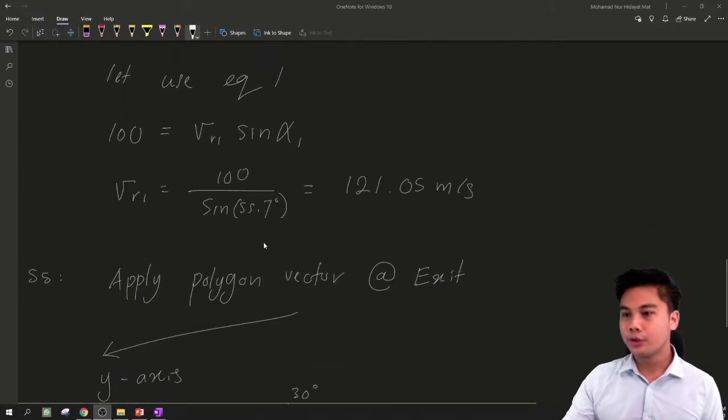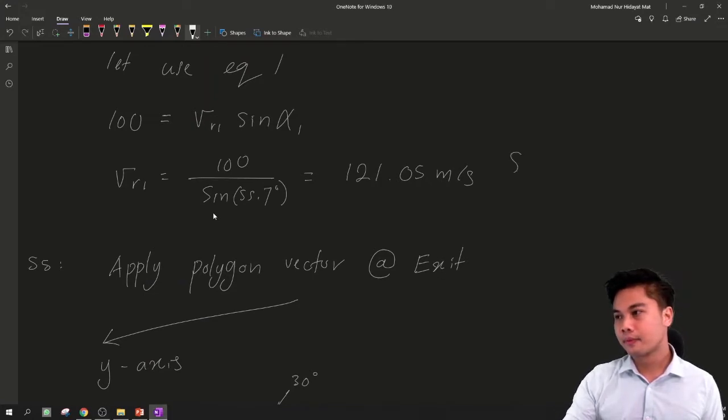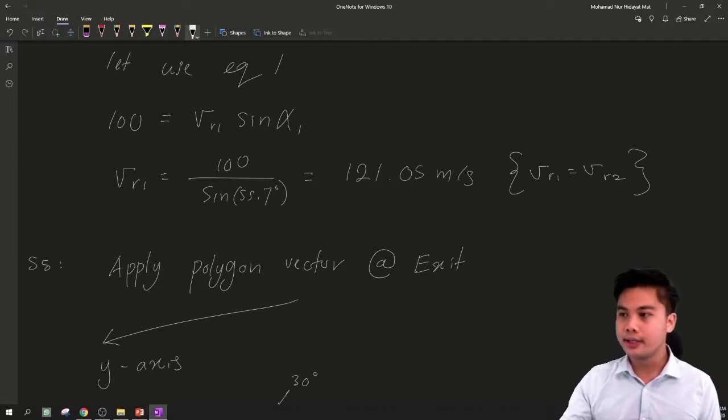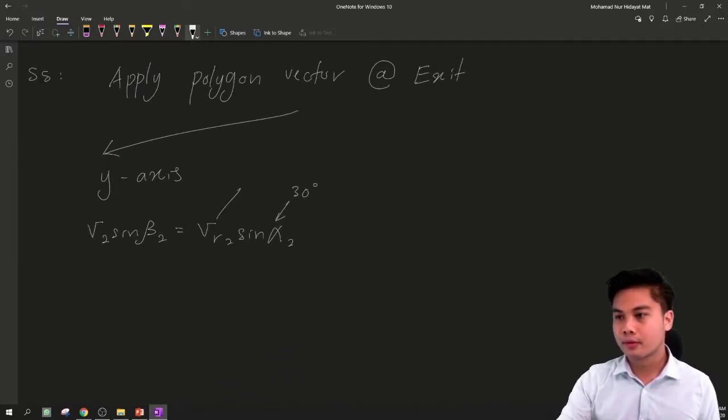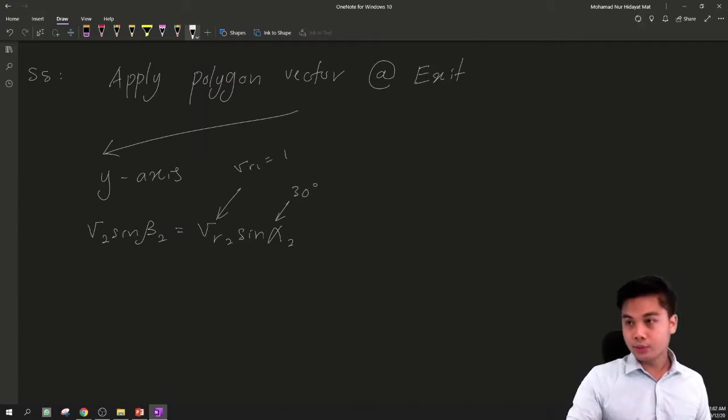VR2 here, we know that VR1 equal to VR2 because of Bernoulli. So VR2 we can replace with VR1, which is 121.05 meter per second.